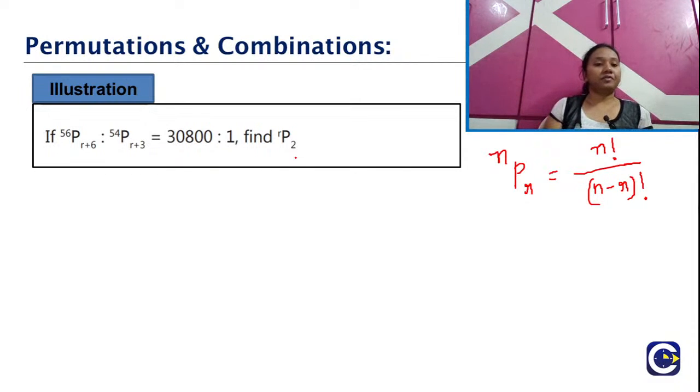So here it is given 56P(r+6). Just rewrite that in the form of n factorial divided by n minus r factorial, then you will have an idea how to simplify it further.